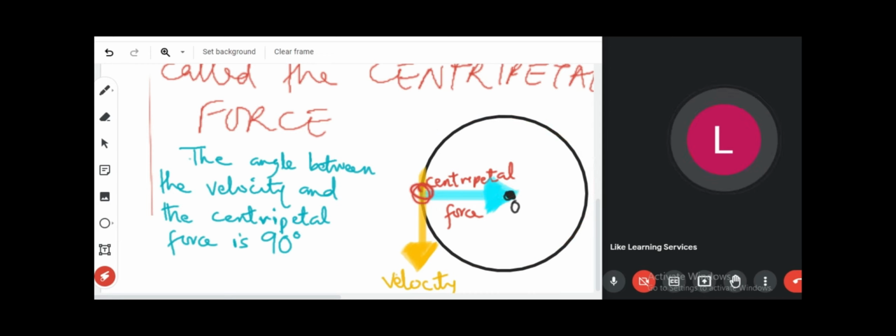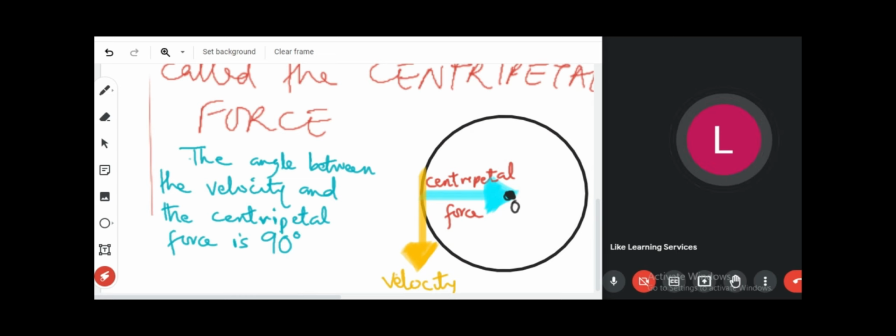So an electron also moves around the nucleus. The nucleus of an atom is located at the center. The electron, which is in the orbit, is moving around it. So there's also a centripetal force that keeps the electron in this circular motion around the nucleus.